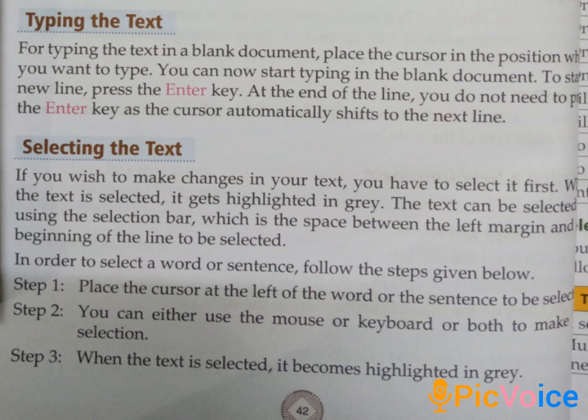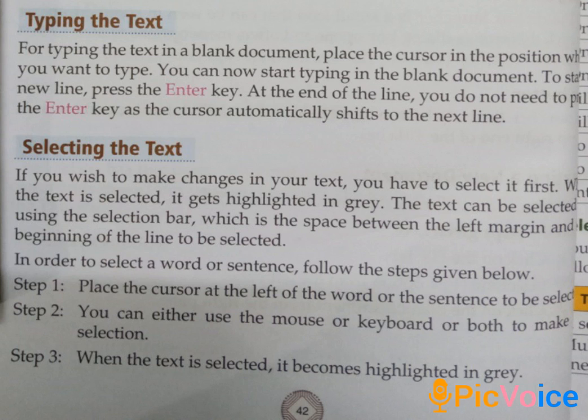Then start typing in the blank document. To start a new line, press the enter key on the keyboard, and at the end of the line you do not press the enter key as the cursor automatically shifts to the next line.